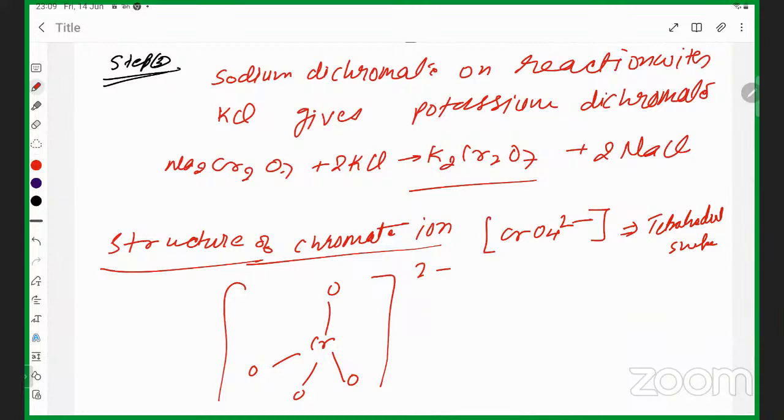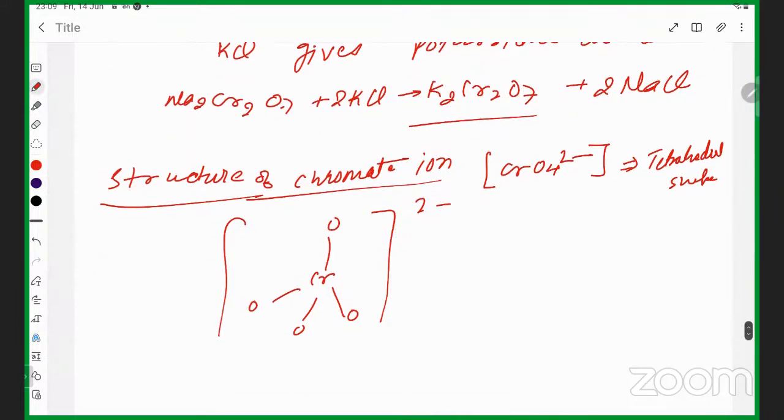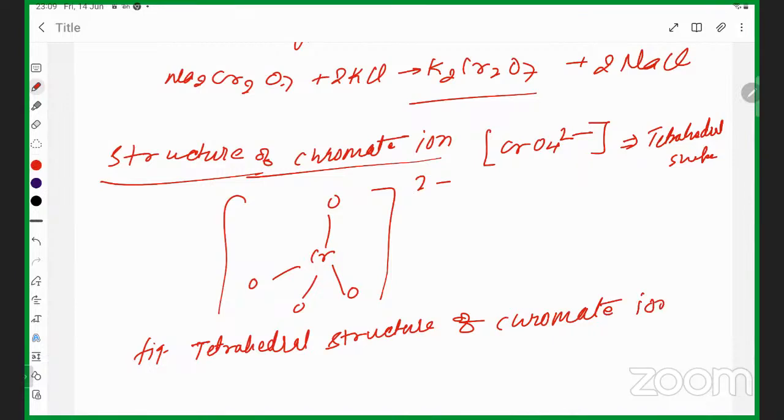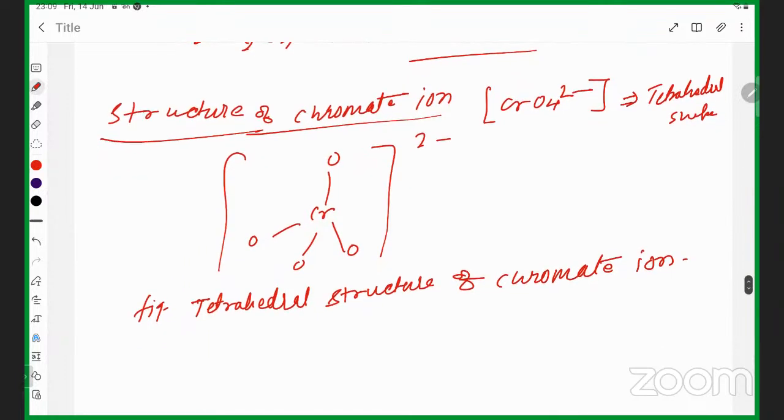This is the structure of the chromate ion. Done. Yes, sir.